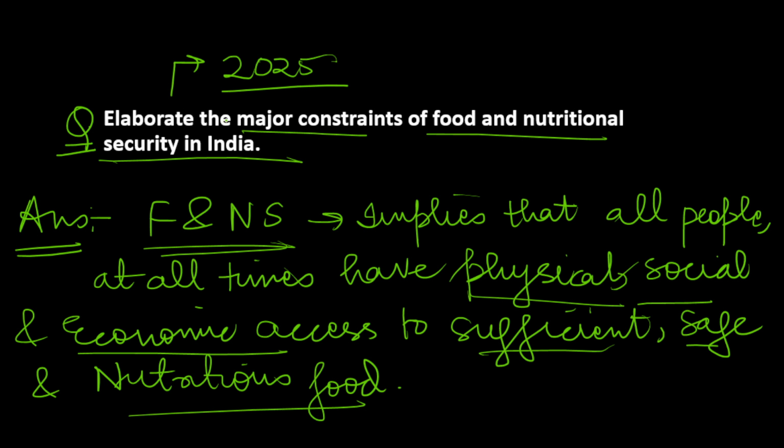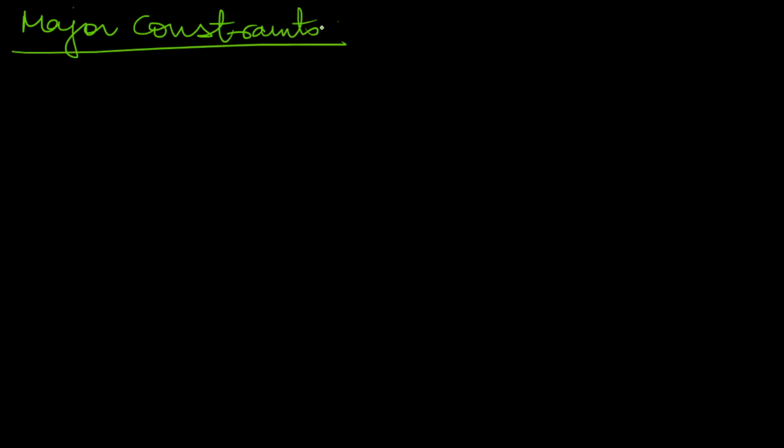Now we should directly jump to the main body, that is the major constraints of food and nutritional security. You can divide the answer into various subheadings, which we will do. First of all, you can write production constraints.